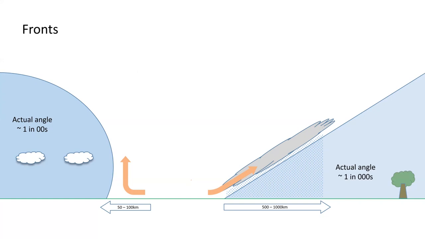But here, associated with the front, you get something called ageostrophic flow. So it's flow of wind not associated with the pressure field itself. It's flow of wind associated with the approach of the front itself.